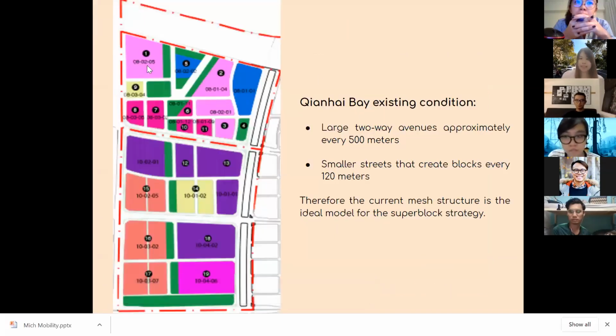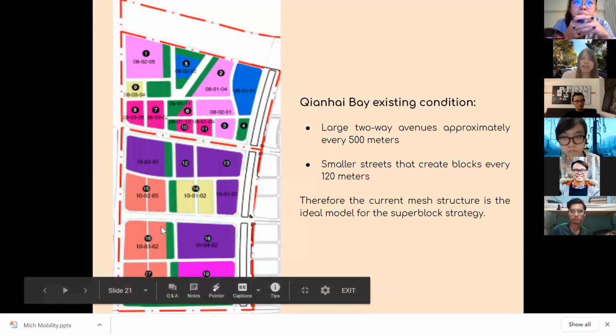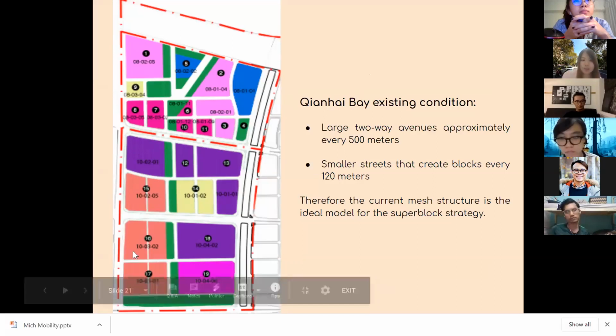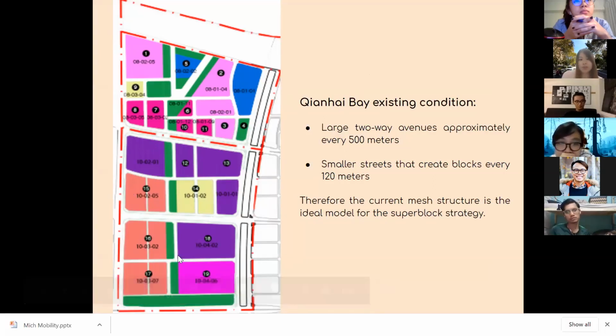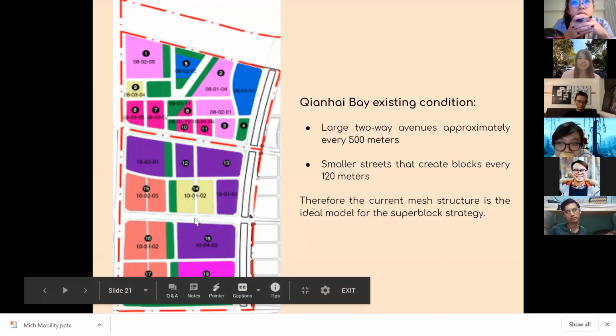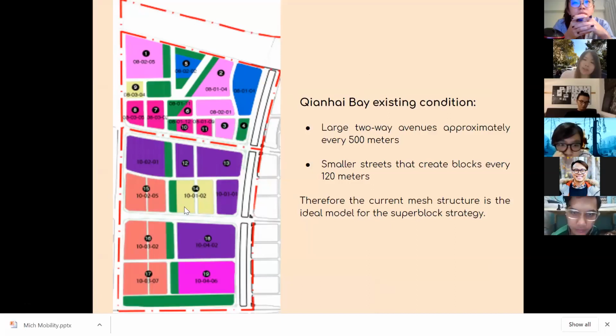So this is to give a little context about the existing condition. This is the site, and the site is sandwiched between two highways, and the distance is 500 meters, but there are different smaller blocks which make up 120 meters. So it can still be viewed as a mesh structure, and so it's an ideal model for the superblock strategy.